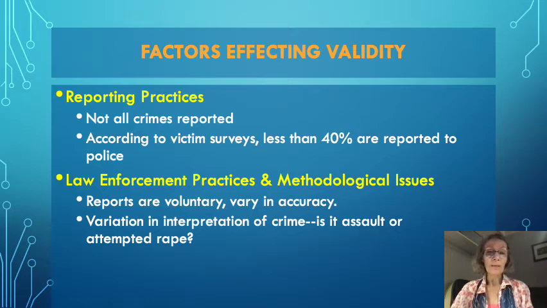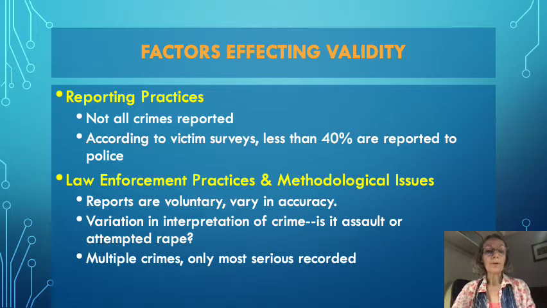In one police department, a crime could be reported as an assault, or aggravated assault, or it could be reported as attempted rape. Sometimes the differences in the definitions of aggravated assault versus attempted rape can be blurry, and a police agency could decide whether or not they want to categorize this act as aggravated assault or attempted rape.